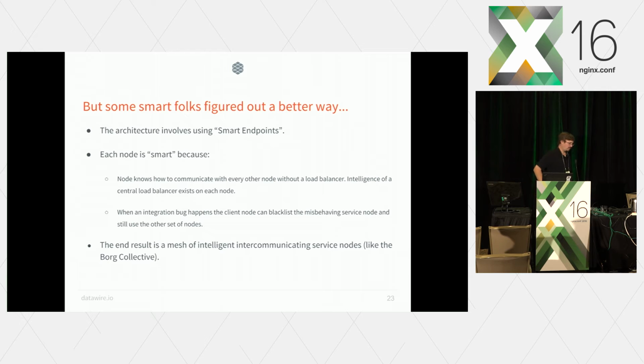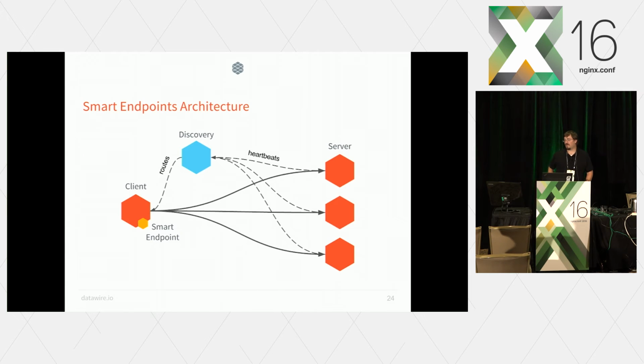So no longer do you have to rely on the load balancer itself to decide whether the remote service is working. The client has the ability to do that. The end result of this is a collective mesh of intelligent intercommunicating service nodes, basically the equivalent of the Borg collective. So here is what the smart endpoints architecture really looks like.